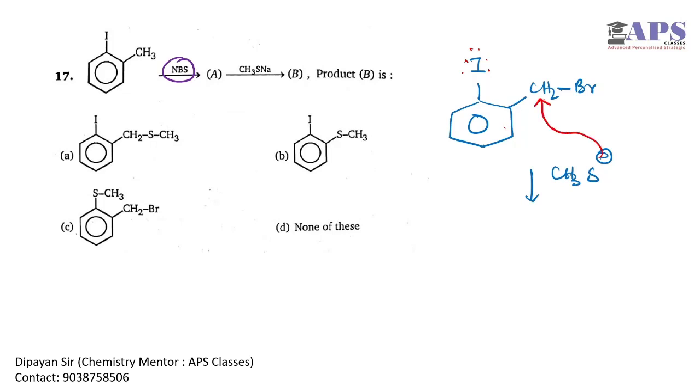So sulfur will approach this carbon and bromine will be eliminated. So the final product will look like CH2SCH3. This will be the final product, which is option B. Oh, I am sorry, this is option A.